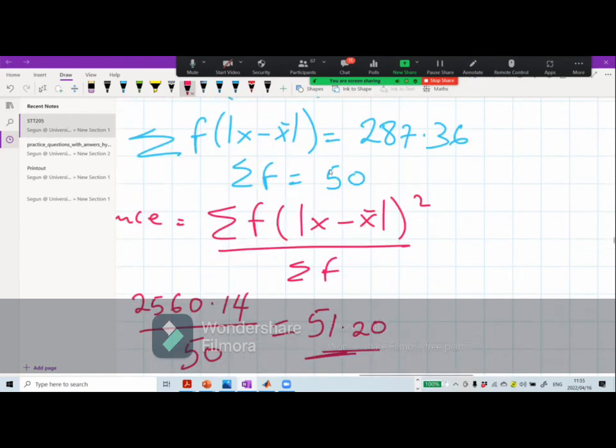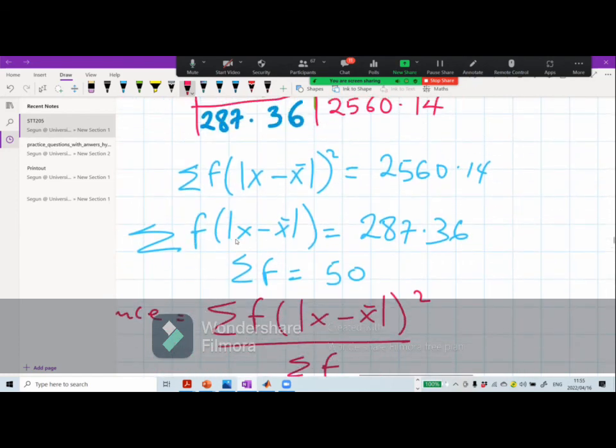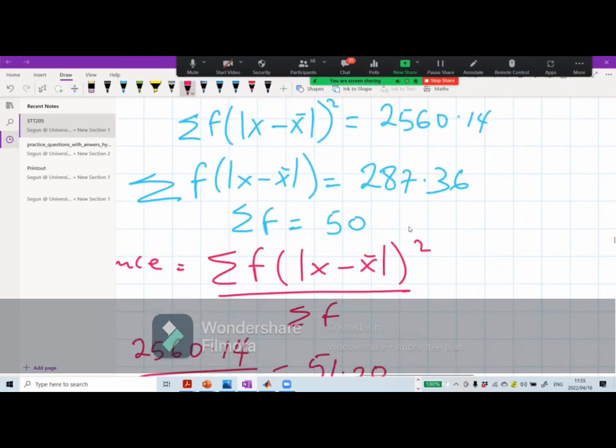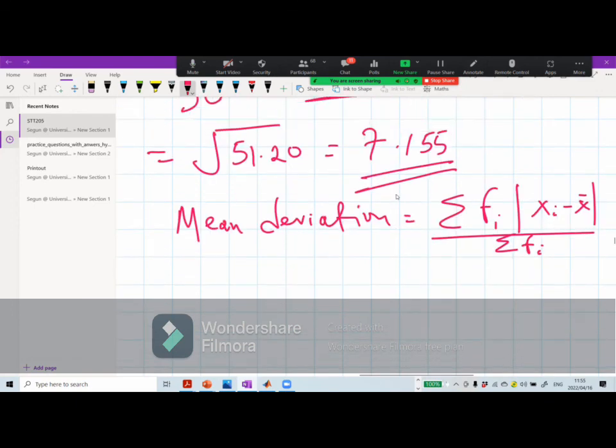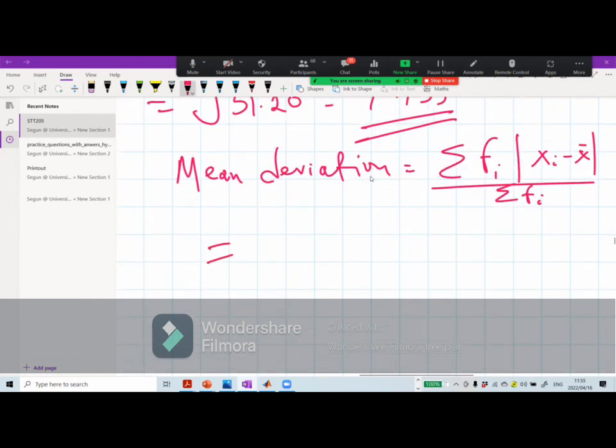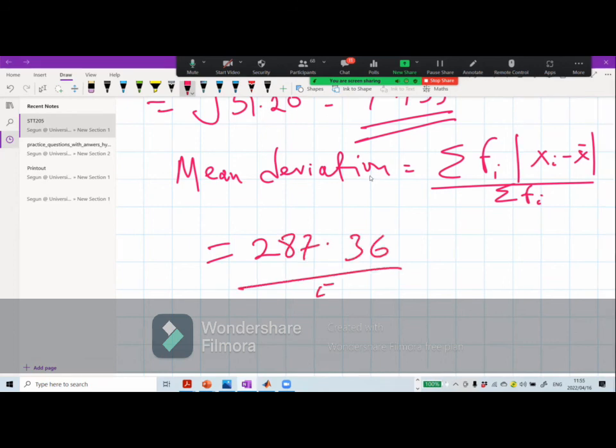What is the summation F? 50. The summation of the absolute values of X minus X bar is 287.36. So 287.36 divided by 50. The answer is what? 5.74.